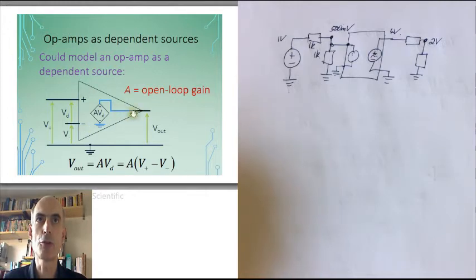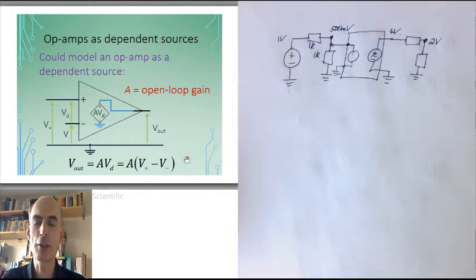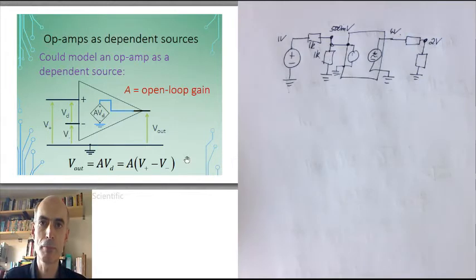And that produces a circuit which gives you the output voltage is A times the difference between the two input voltages, and that's exactly what an op-amp does. And when A, the open loop gain, can be assumed to be practically infinite, this gives you a good model of an ideal op-amp. But it's not a very good model of a real op-amp, because real op-amps have an open loop gain which is a function of frequency.